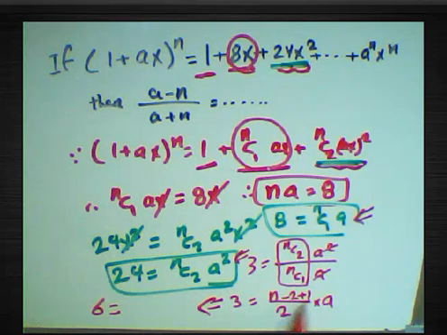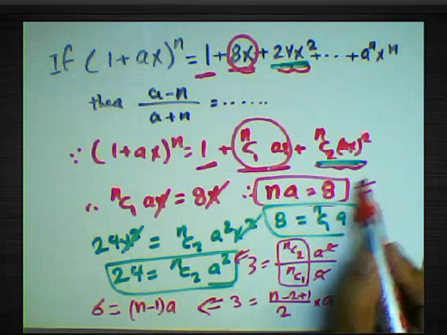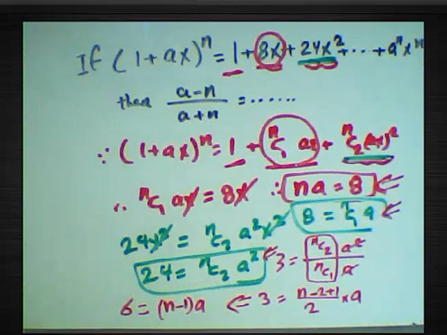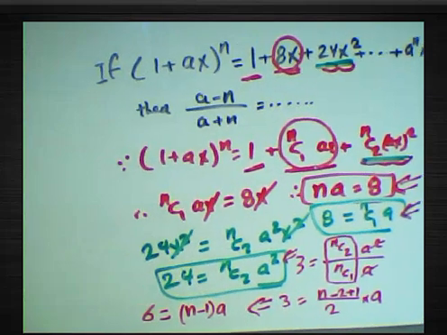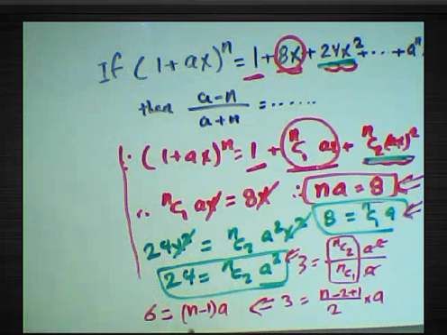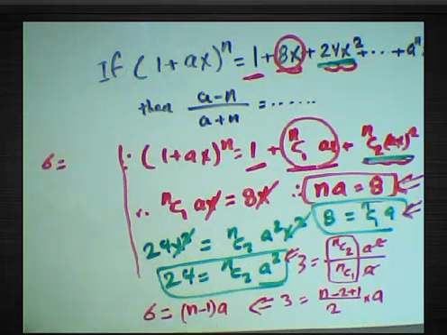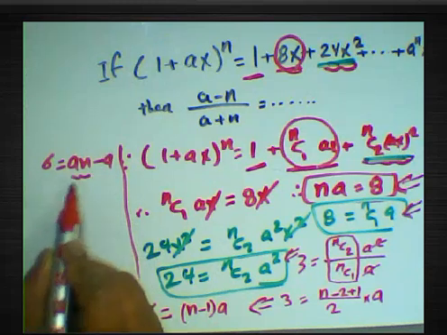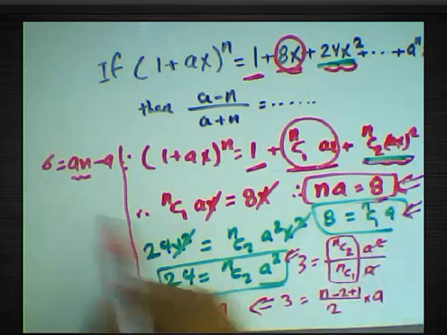N minus 2 plus 1 will be n minus 1, all multiplication by a. Okay, then 6 equals an minus a, and we know n times a equals 8. We can simplify this expression: 6 equals a n minus a, and we can cancel a n and write 8 here.